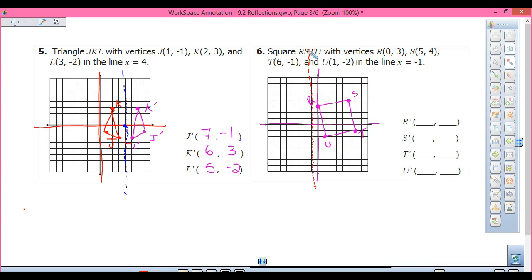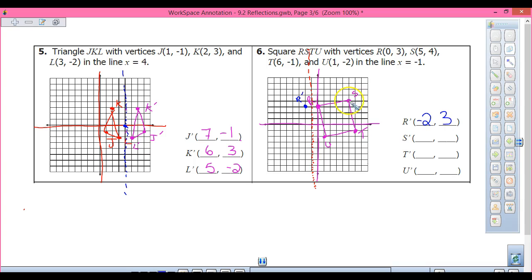And you're going to want to draw that line. Okay, so R is how many away from that line? 1, so it's got to go 1 to the other side for R prime, which makes it, what point is it? -2 stays at 3.